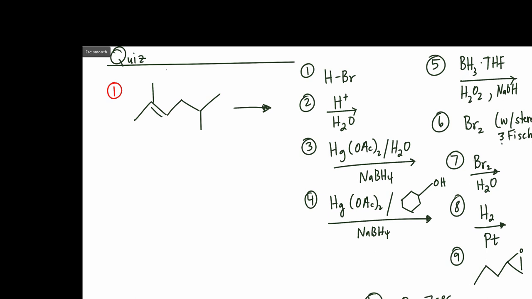Take that through 1, 2, 3, 4, 5, 6, 7, 8, and 10. And your second alkene, this is going to be 1, 2, 3, 4, 5, 6, 7, 8, and 10. I gave you an epoxide to make a compound with a number 9.